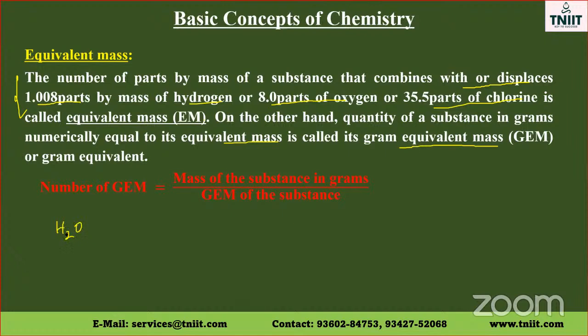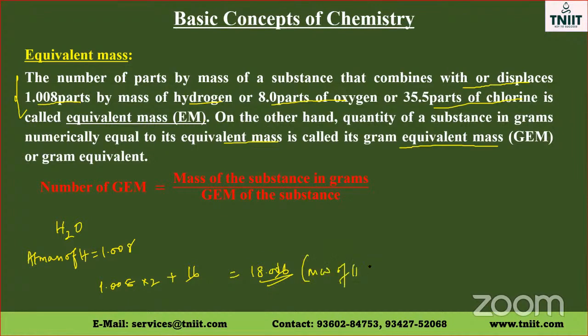If you take water, the atomic mass of hydrogen is 1.008. Since we have 2 hydrogens, it's 1.008 into 2 plus the atomic mass of oxygen, which is 16. Therefore, we get 18.016.